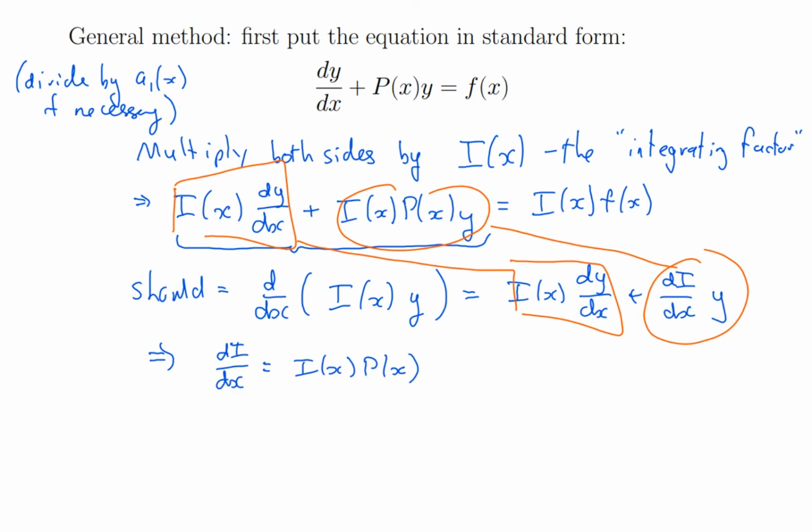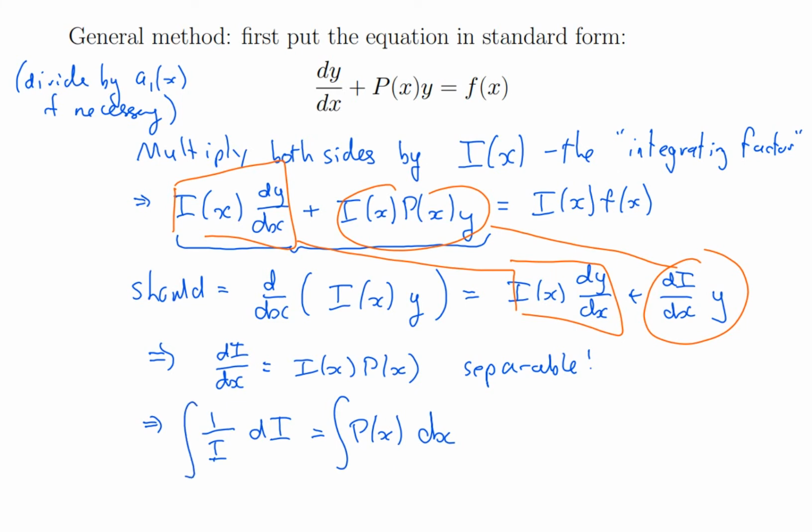So that's the equation that I would have to satisfy for this method to work. So unfortunately, or fortunately, it's a differential equation for I, but it's the kind that I know how to solve. It's a separable one. So that is good. So I move the I's to the left, move the dx to the right, integrate both sides.